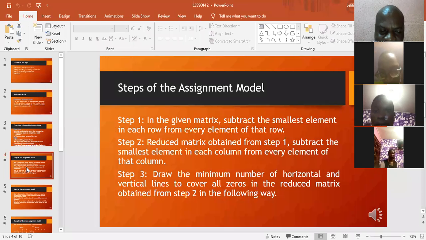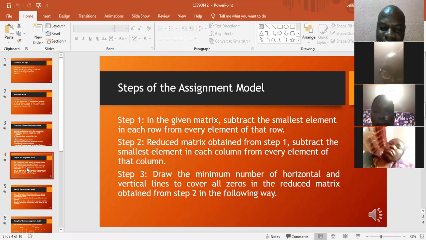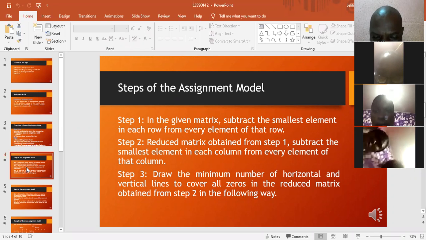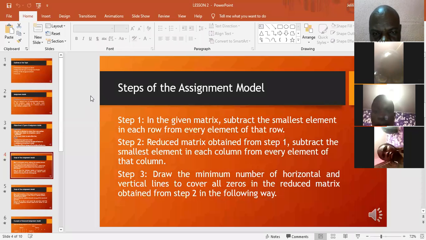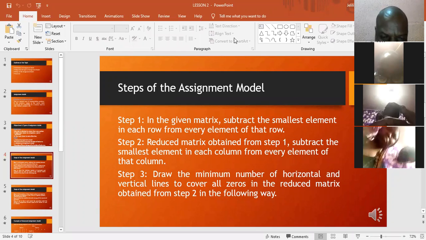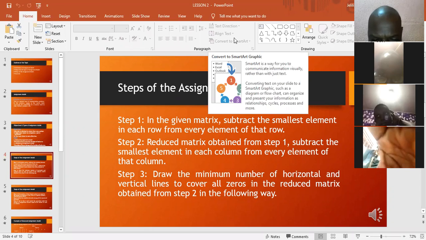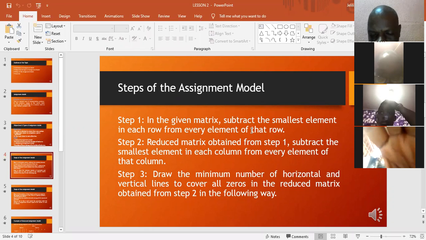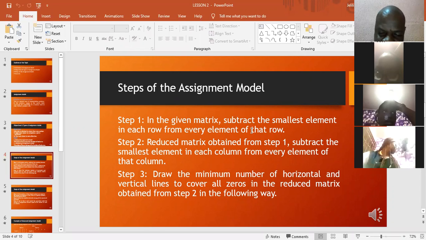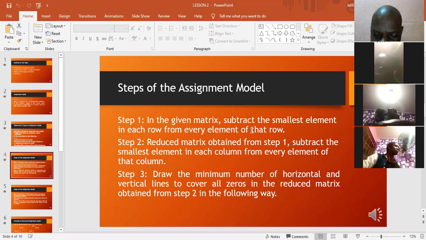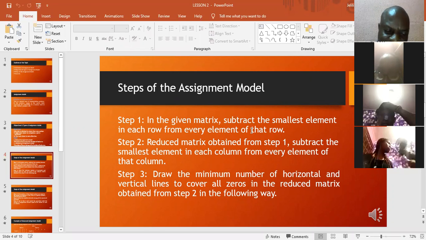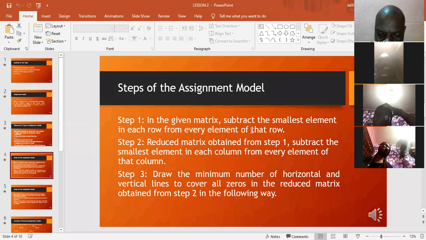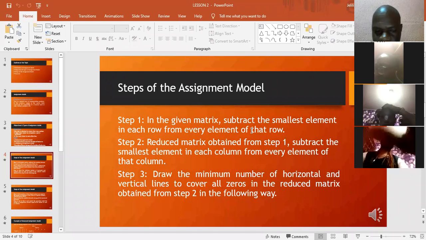While step 2 says, in the reduced matrix obtained from step 1, subtract the smallest element in each column from every element of that column. Step 3, draw the minimum number of horizontal and vertical lines to cover all zeros in the reduced matrix obtained from step 2 in the following ways.